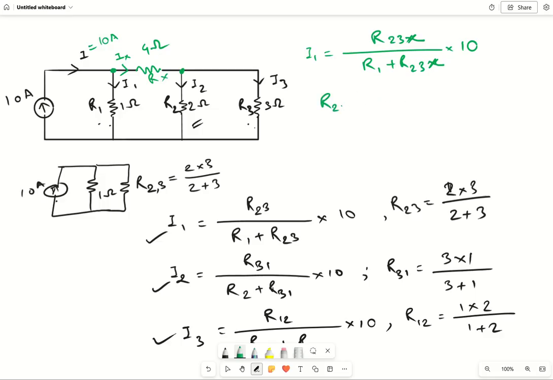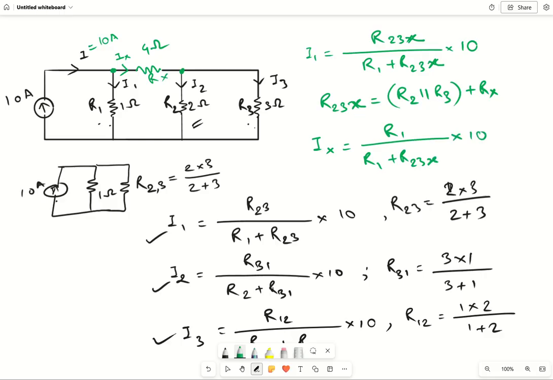Here R23x is nothing but the parallel combination of R2 parallel to R3 and then in series with Rx. Once we get this, we get the value of I1. Next, what will be the value of Ix? Ix is R1 divided by R1 plus R23x into 10, right? So you can determine the values of I1 and Ix.